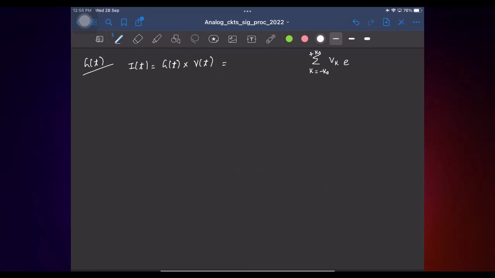To be exact, we have to take from minus infinity to plus infinity, but in real life we assume that beyond some harmonics the strengths are negligible and we restrict ourselves. So instead of applying one complex exponential, I have applied 2k0 plus 1 complex exponentials at these frequencies. Now I know g of t is also a periodic signal, a periodically time varying conductance, so I will decompose it as its Fourier series.